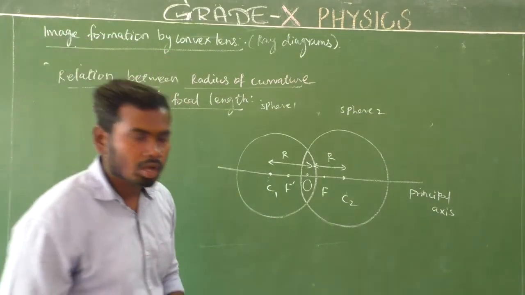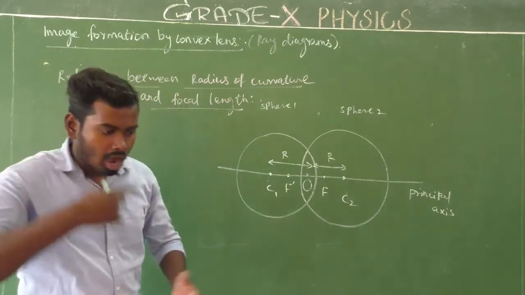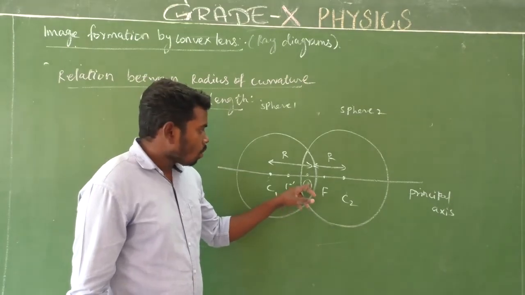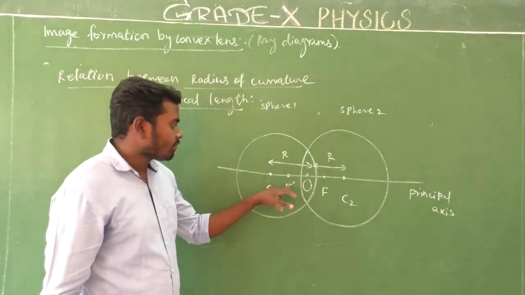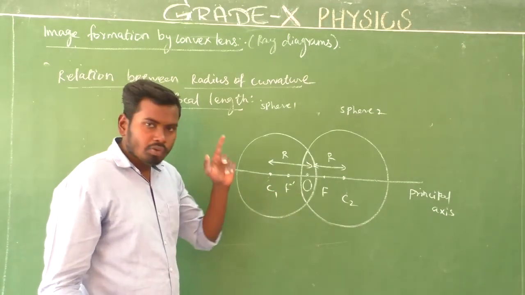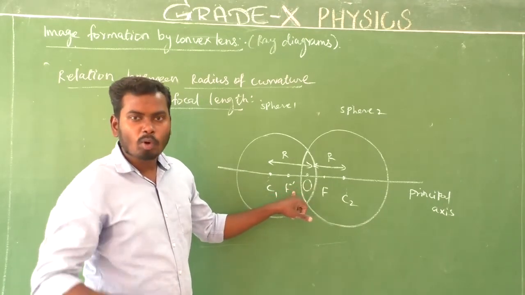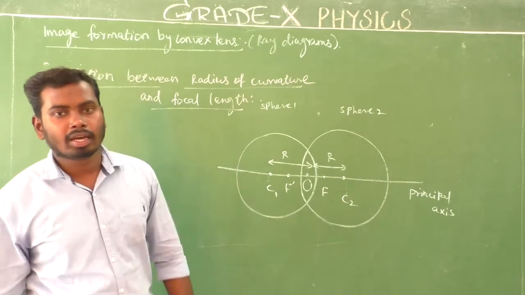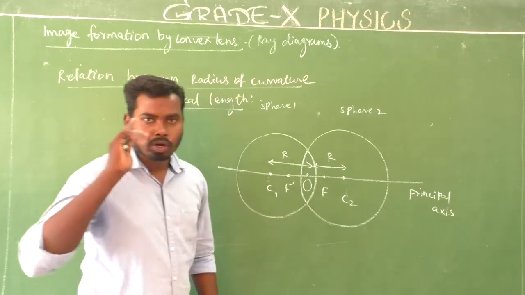I am repeatedly telling that the distance OF dash will be equal to the distance F dash and C1. If OF is 2 centimeter, then F dash and C1 will also be 2 centimeter. There is no change. Very simple.